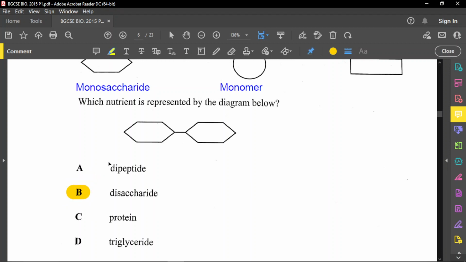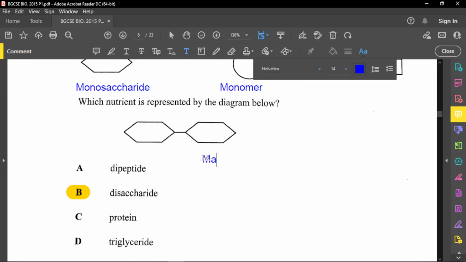If this is two glucose together, then what is formed here is maltose. So this will be a maltose molecule. Maltose is a combination of glucose and glucose, so just make sure you know that. Glucose plus glucose gives you maltose.